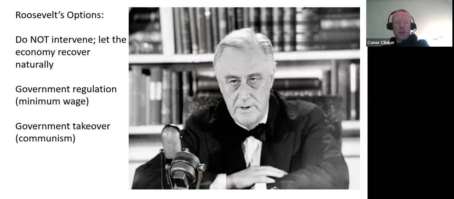All the way at the other end of the spectrum is communism. Have the government do everything, government takeover. Roosevelt wasn't going to do either of those. He was going to try to do a middle path from his point of view, which is the government's going to do something, but we're not going to take over everything. We're going to try to set some regulations, set some guardrails.